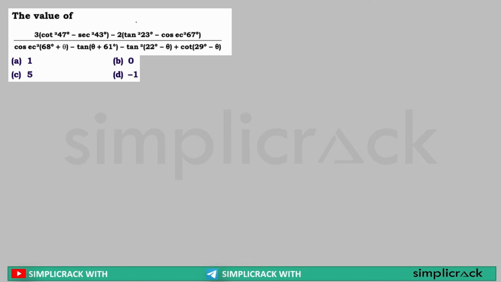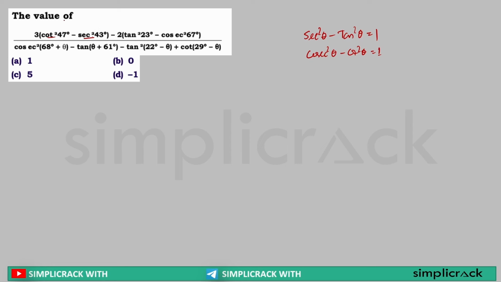Sir, this question looks scary, but what we know? Sir, we know sec square theta minus tan square theta is equal to 1. Cosec square theta minus cot square theta is equal to 1. Sir, here sec, here it is cot. So either I have to change it into cosec, or I have to change it into this cot into tan.